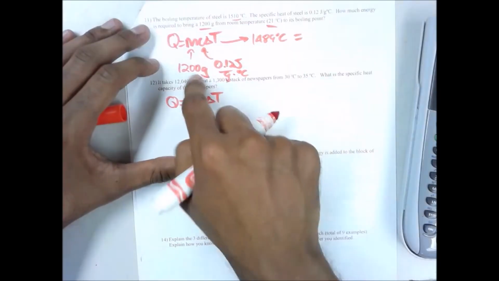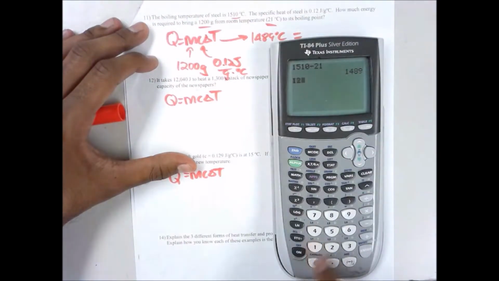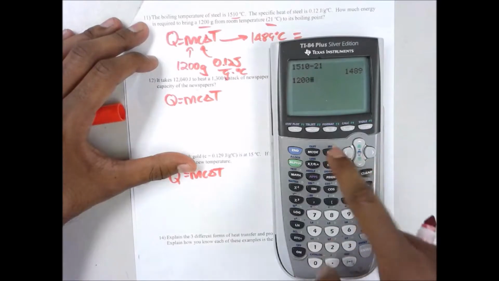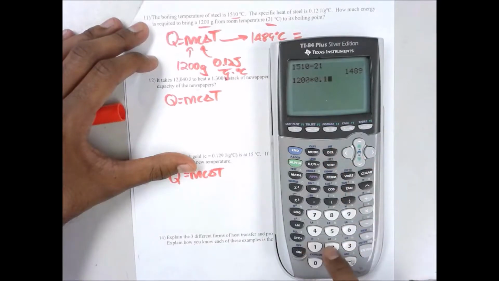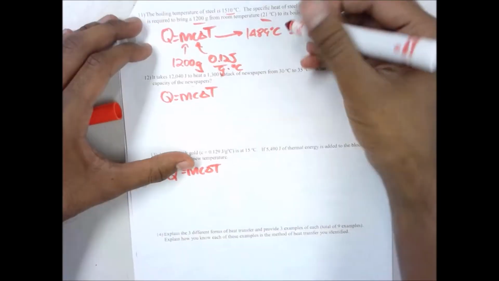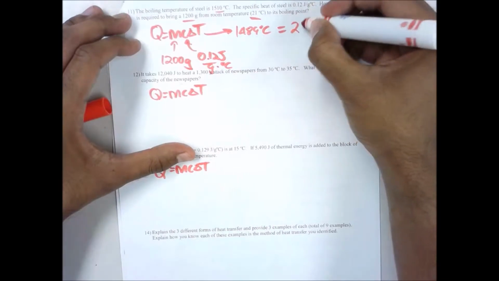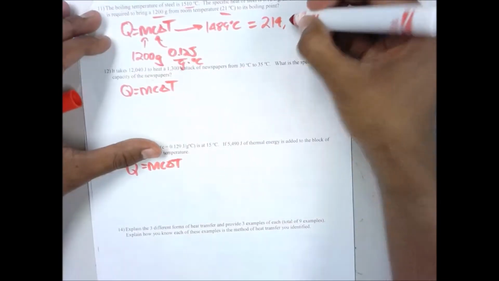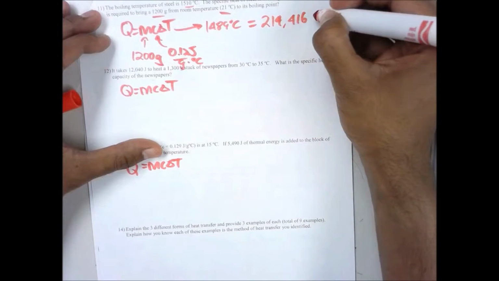At this point, all we have to do is multiply these three numbers together. So we got 1200 times 0.12 times 1489. That gives us 214,416 joules.